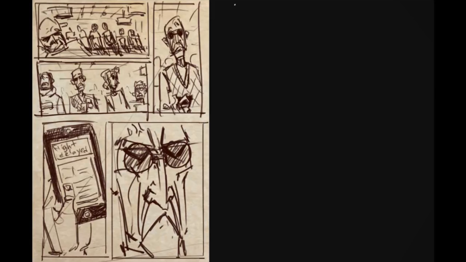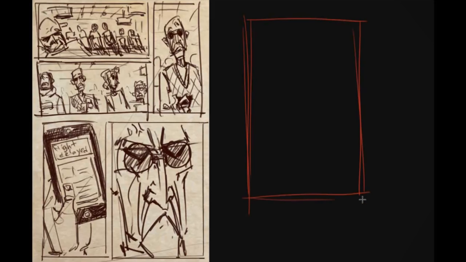And then the other thing I see is you've got this vertical, and then you've got this vertical, and this is a pretty vertical panel too. And it's a lot of the same thing going on. So if I was to do this, the first thing I do is I always do a bunch of thumbnails. Well, before I even do the thumbnails, I record the story beats. So what's happening here?